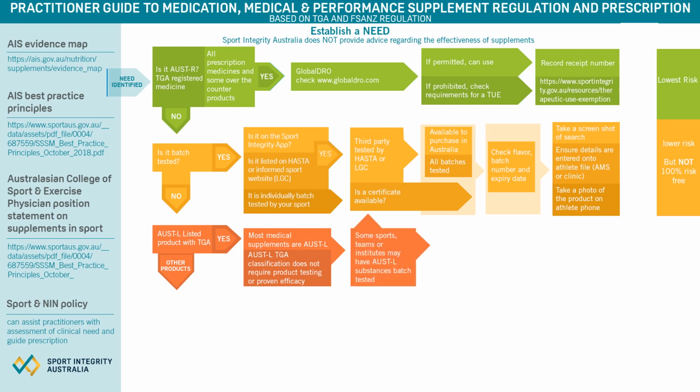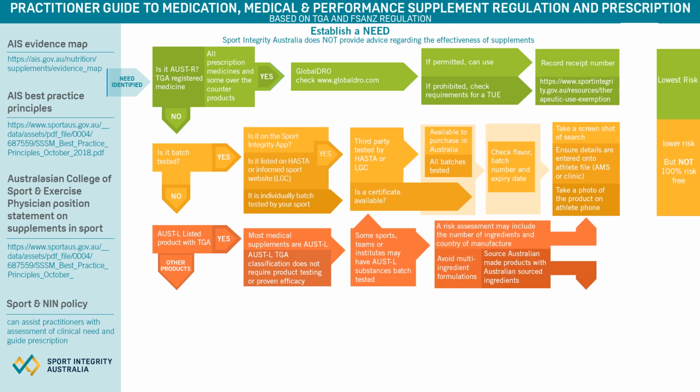Some sports teams or state institutes and academies may have their AUST-L substances batch tested, in which case practitioners can follow the orange line above. If an AUST-L product has not been batch tested, a risk assessment needs to be conducted by the practitioner and the athlete and may include the number of ingredients and the country of manufacture.